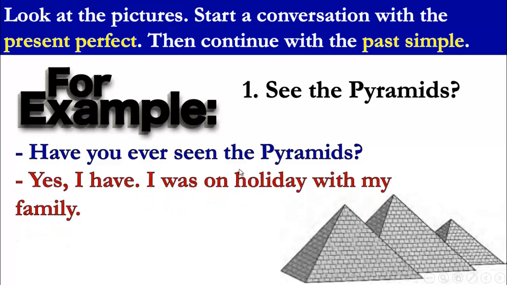You're going to say the answer, yes, I have. And the second sentence should be in the simple past, verb 2. I was on holiday with my family. So you're going to be given a sentence and you have to form a question. The first one, the question should be in the present perfect and your answer in the present perfect, but the second part should be in the simple past or the past simple tense.